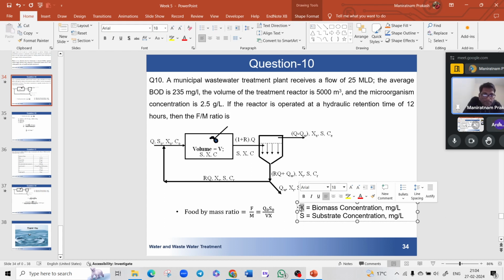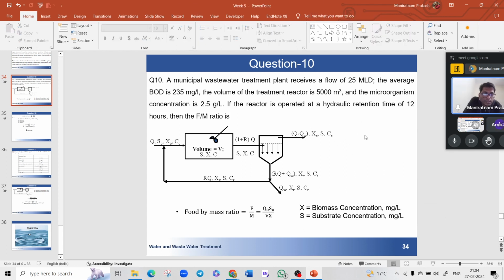How can you differentiate between the BOD outflow, the remaining BOD that is out from the system? The outflow BOD will generally be very less in amount. The influent BOD will be in the hundreds, 100, 200s. But the BOD which will be going out of the system after treatment will be, say, 10 to 50.